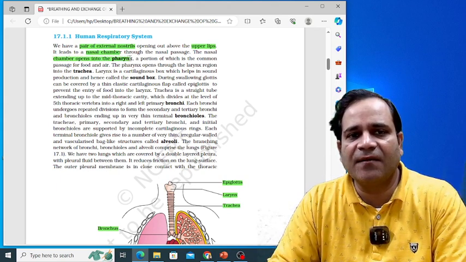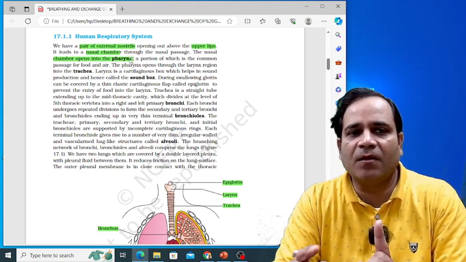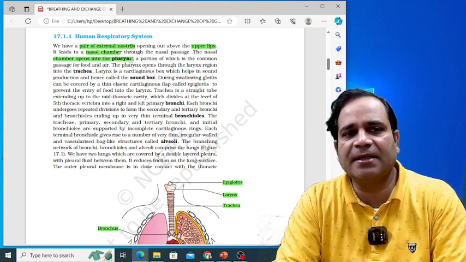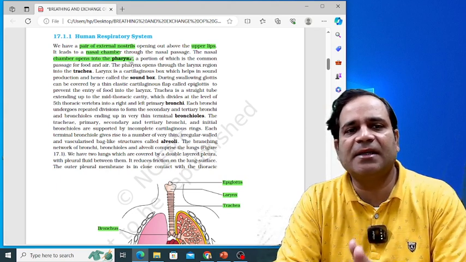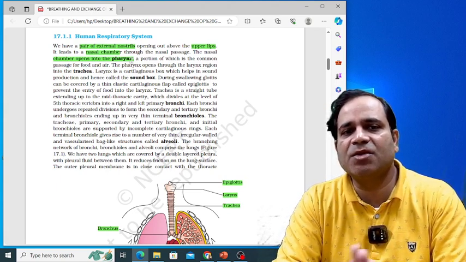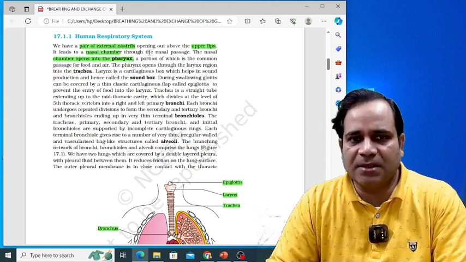Again I'm repeating one very important thing: number one, a pair of external nostrils; then a nasal chamber, which opens into the pharynx; this is the second.